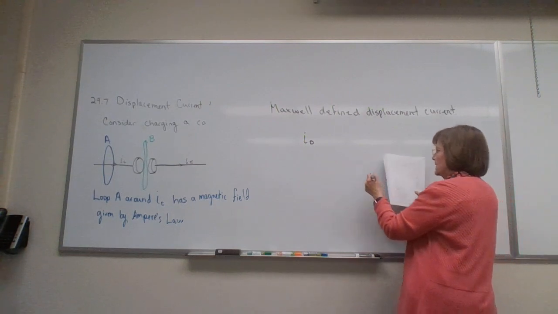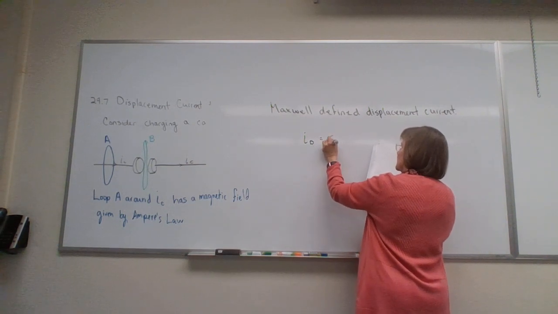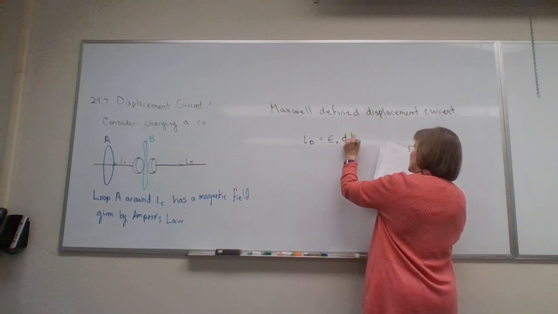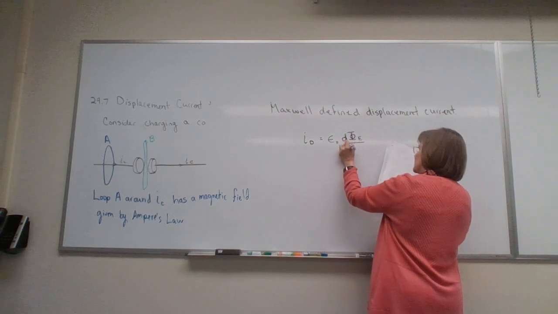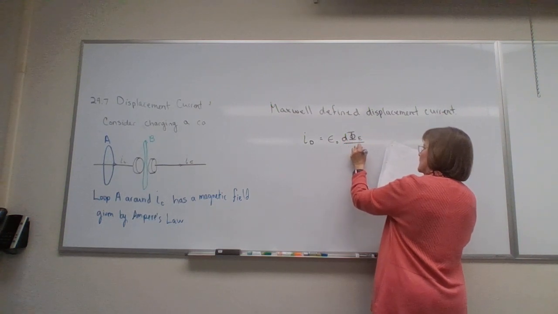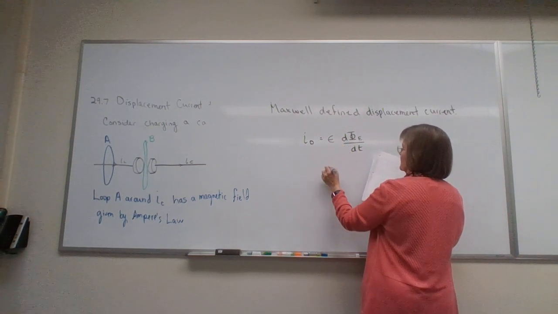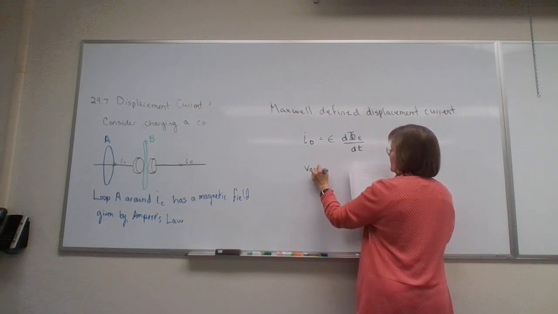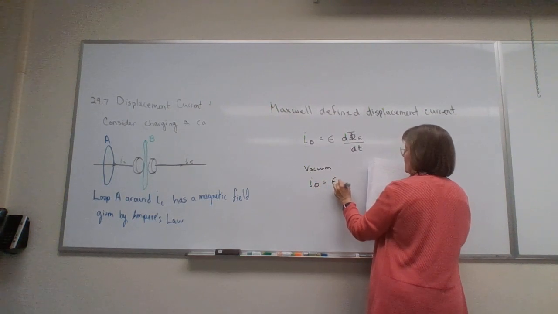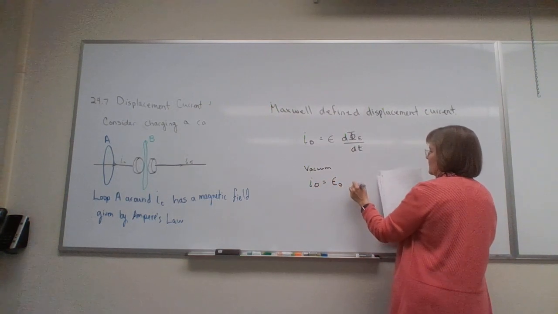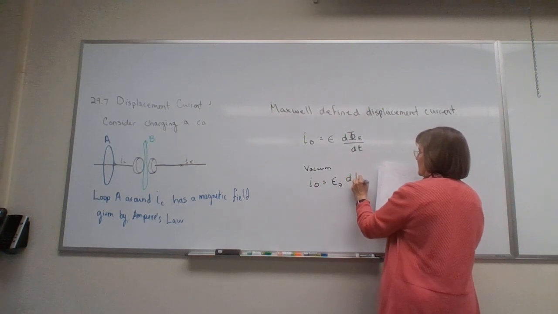It's equal to epsilon naught times the rate of change of the electric field. For a vacuum, you put the epsilon naught. If it's not a vacuum, you use a plain epsilon, which includes the dielectric constant for whatever material's in there.